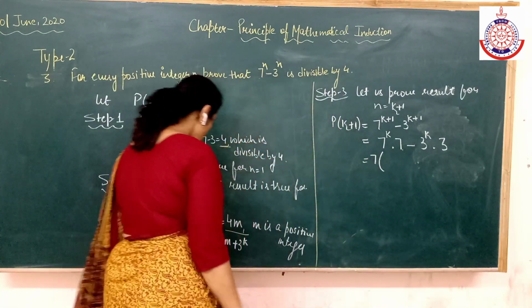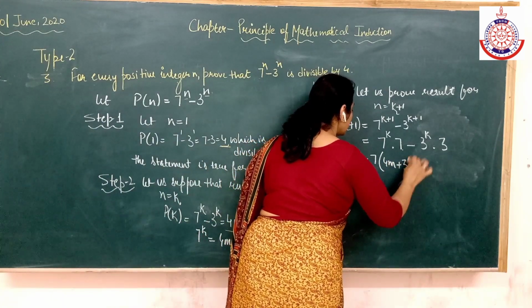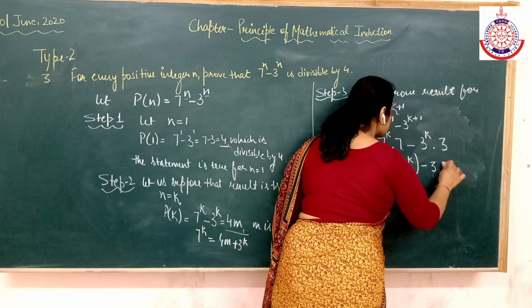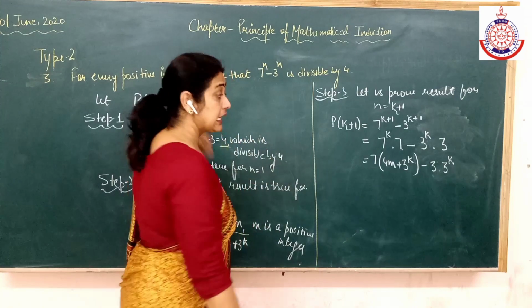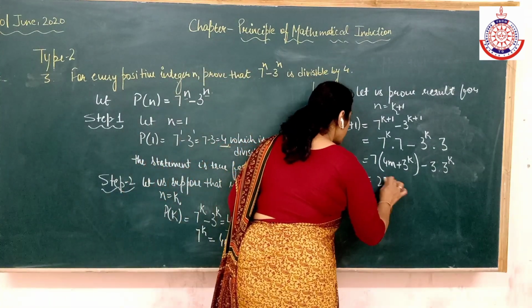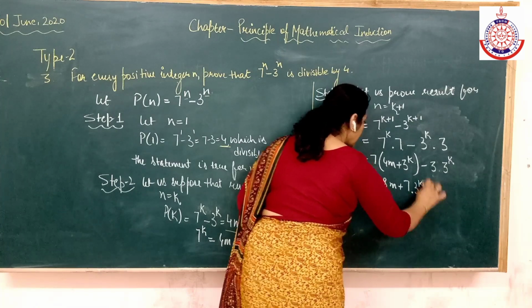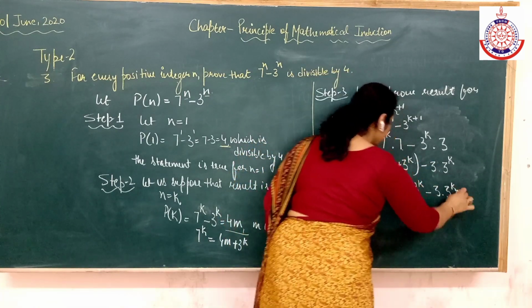Put the value. What is the value? 4m plus 3 raised to power k, minus 3 into 3 raised to power k. So it is 28m, plus 7 into 3 raised to power k, minus 3 into 3 raised to power k.